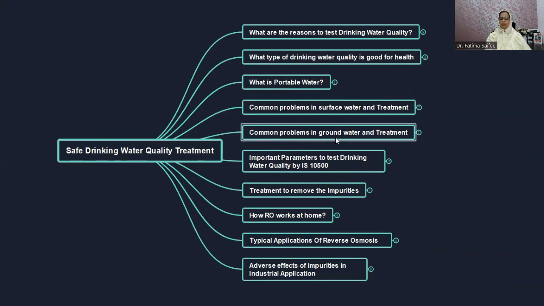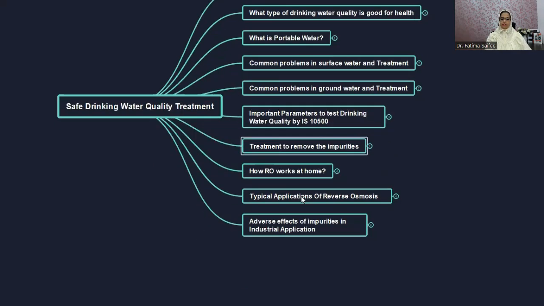Common problems in groundwater and treatment. Important parameters to test drinking water quality by IS method. Treatment to remove impurities from the water. How RO works at home. Typical applications of reverse osmosis, and adverse effects of impurities in industrial problems.